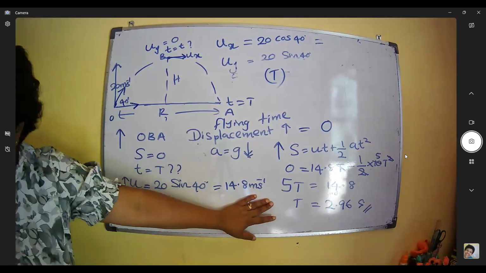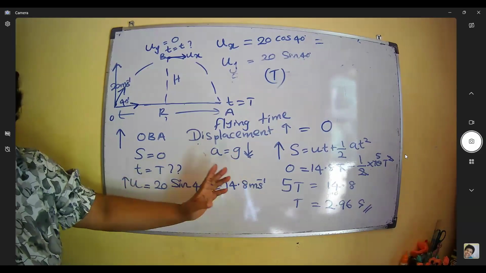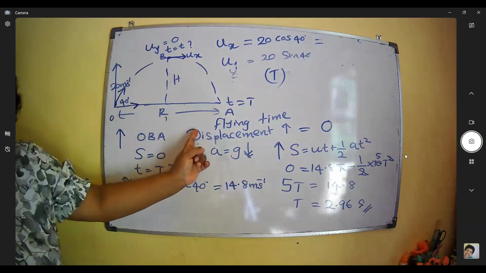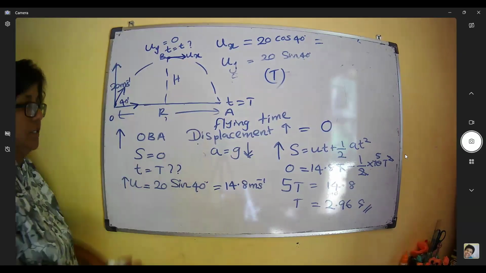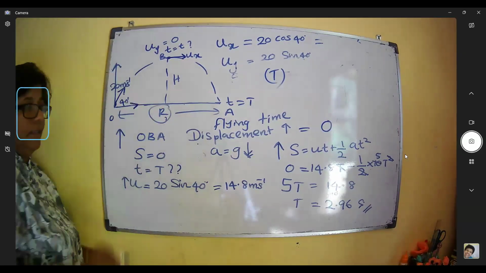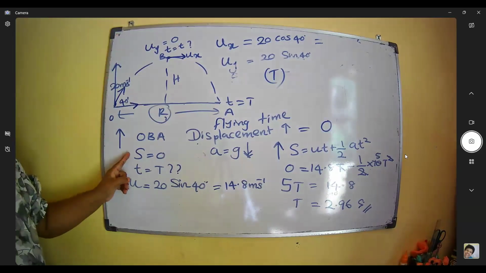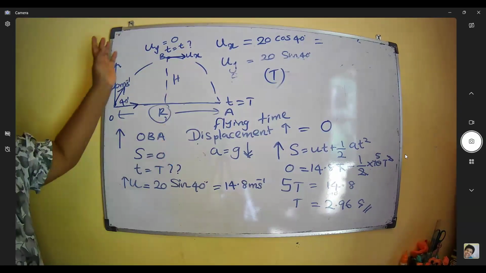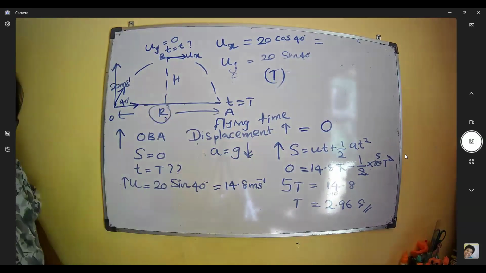Then we find the total time. With this total time period, what is the displacement in the horizontal direction? At the same time, you should understand the vertical displacement is 0, but the horizontal displacement is R for the time interval t. Now we have to find the R.